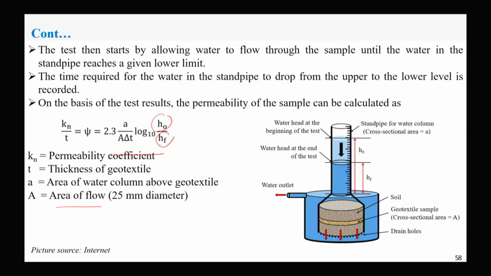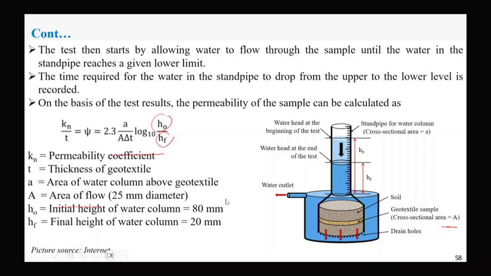So the water column area is given here, and the area of flow is larger. That is the cross section of the geotextile here. H0 is the initial height, and the final height is HF.